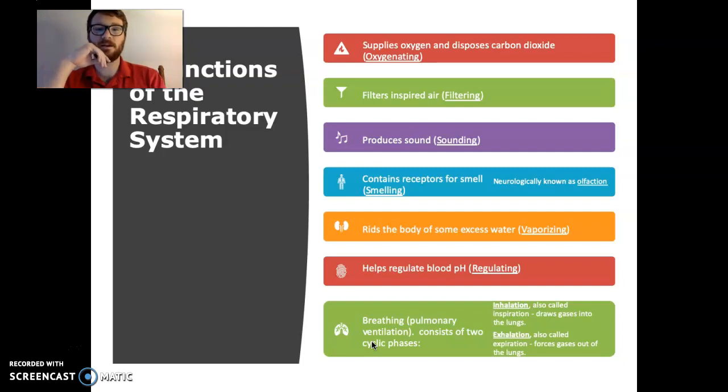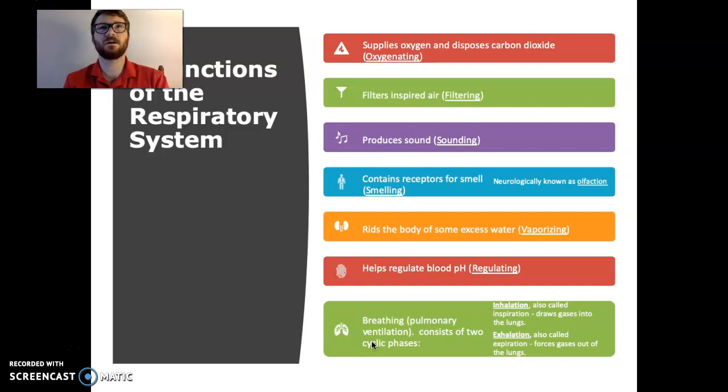Filters inspired air, filtering or filtration. It's very important. If we didn't filter air, all the things that are in air would get in our bodies. Sometimes we don't want that. Particularly because bacteria, viruses, fungal spores, lots of things float around in the air, but not in a high enough concentration to hurt us.